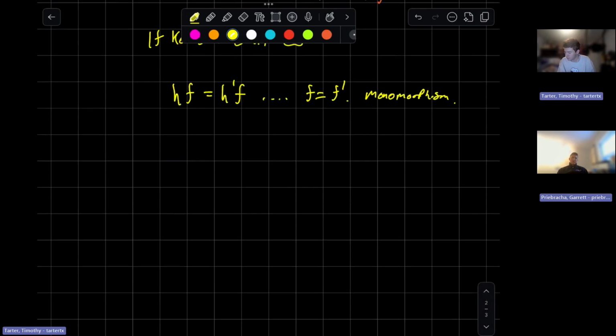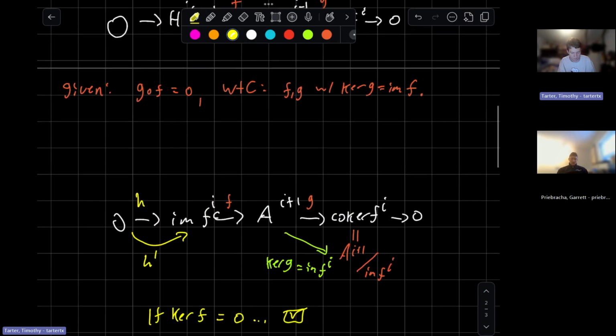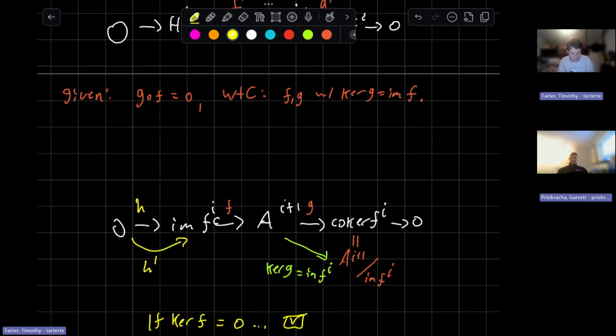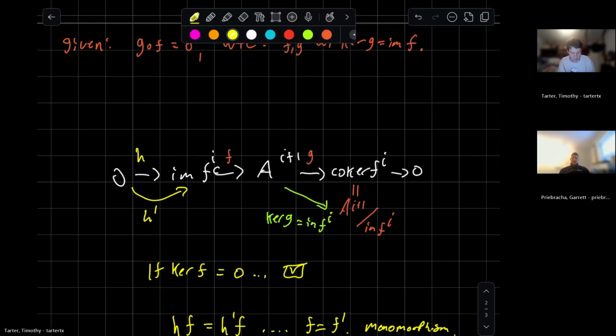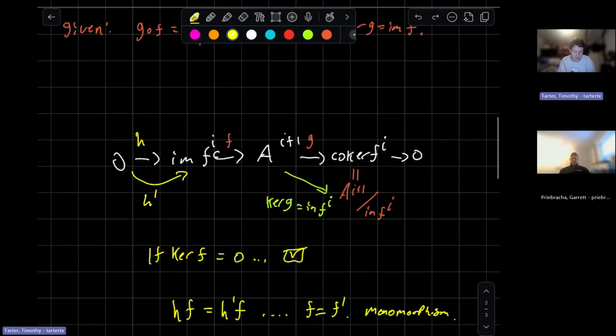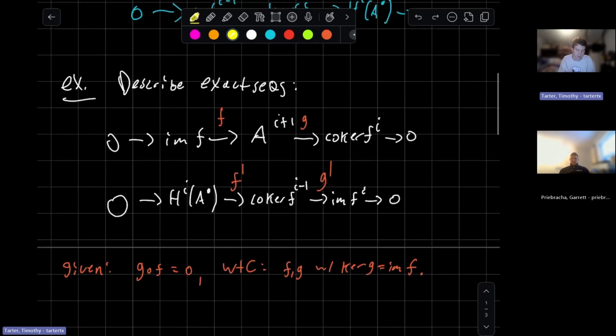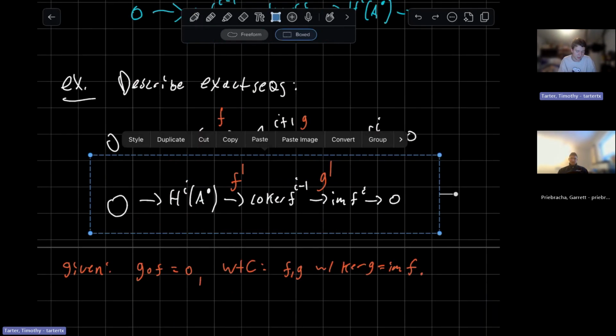Well, then co-kernel will be AI plus 1 mod the kernel of G. No, it's the co-kernel of Fi. Oh, co-kernel of Fi, I'm sorry. You're good. That's a reasonable thing. And then let's go for the second one.